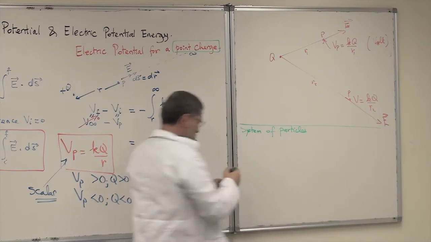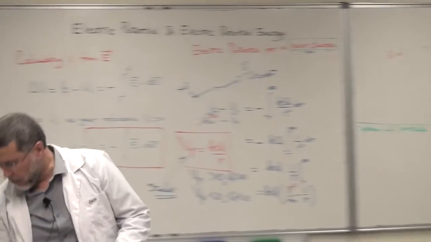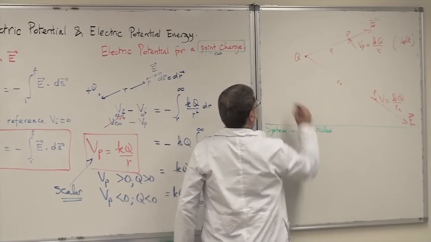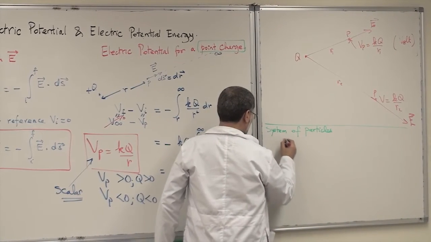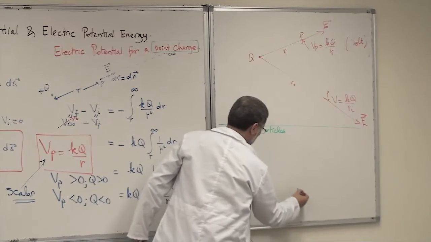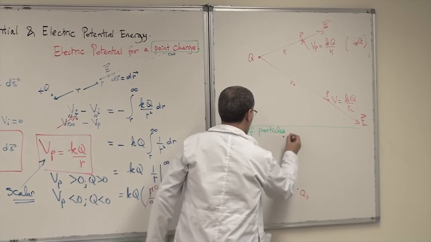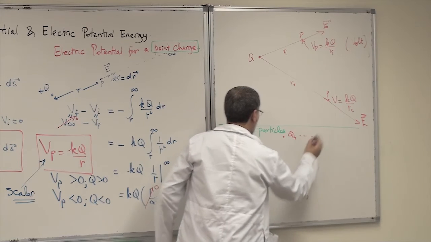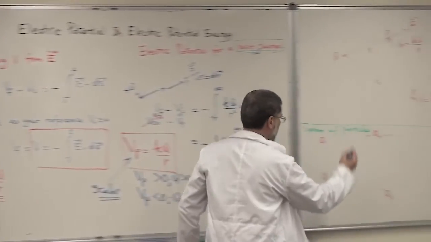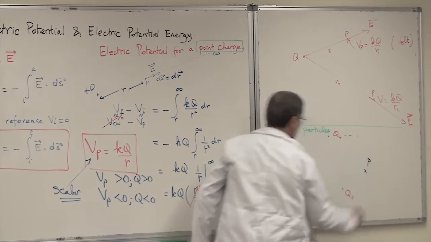It means I have more than one, maybe 2, 3, 4, 5 charges, I don't know. So I have a charge here, I call it Q1, another charge here Q2, another charge here Q3, and another charge here Q4, etc. And then I want the potential at this point P.